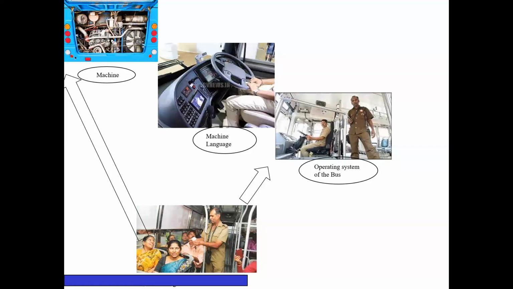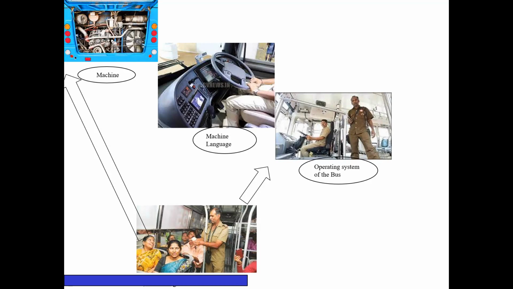The driver then communicates your instruction to the machine of the bus through certain rotation of wheels, applying certain pedals, pulling certain levers and switches. So he directly applies it to the machine of the bus.